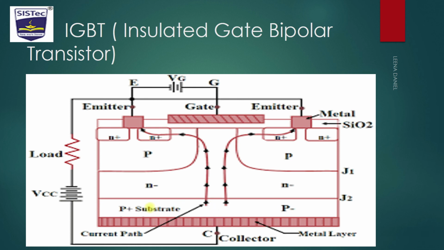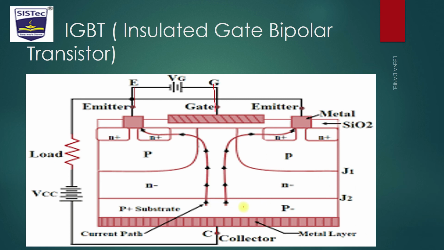In the IGBT, we use a P substrate here. From this P substrate, we take one terminal, the collector terminal, one is the emitter terminal, and the third is the gate terminal. So here also there are three terminals: emitter, collector and gate.